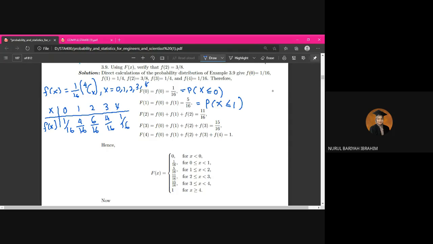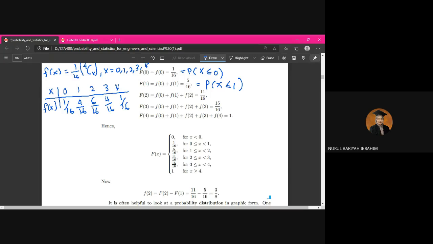And then we create the interval here. When x less than 0, here 0. This one, x more than or equal to 0, but less than 1. But less than 1 maksudnya 1 tak termasuk. Ini 2 tak termasuk. So this one will be dia punya cumulative value. Untuk last kali ni, x more than or equal to 4, termasuk dengan 4 ke atas, 1.